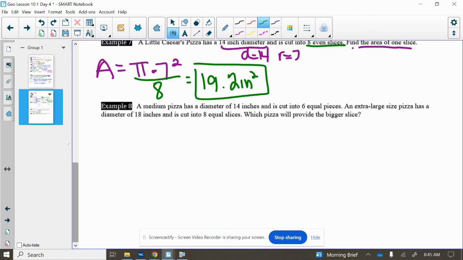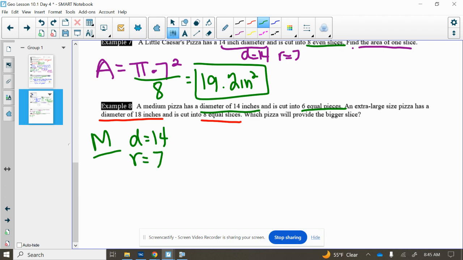In example 8, we have a medium pizza whose diameter is 14 inches, and it's going to be cut into 6 equal slices. An extra large pizza has a diameter of 18 inches, and we're cutting it into 8 equal slices. Which would then have the bigger slice of pizza? We have to think about this as 2 separate problems. For my medium-sized pizza, diameter is 14, radius is 7.